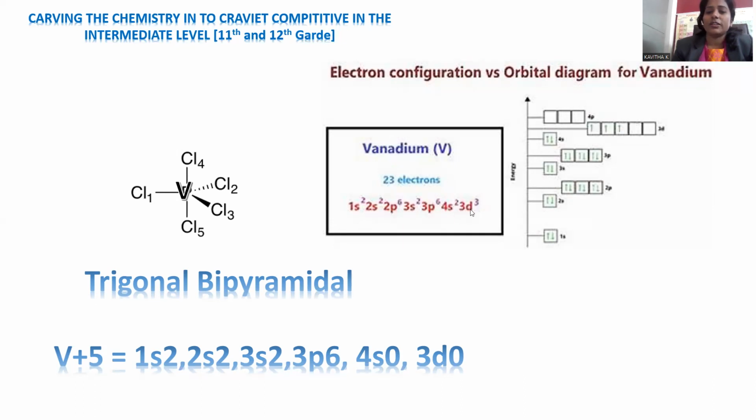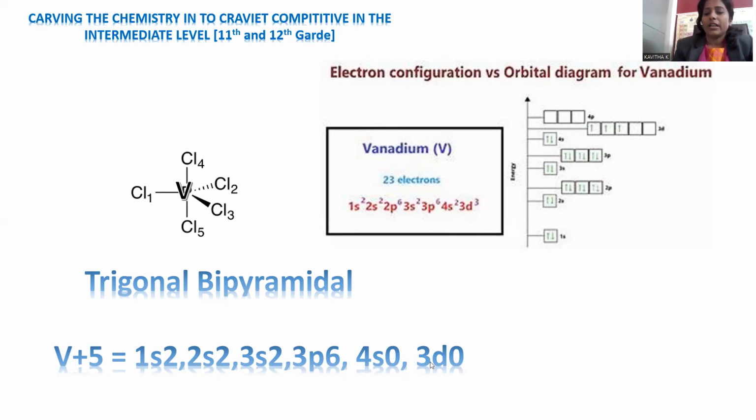These 5 electrons are lost during this vanadium pentachloride formation, because here vanadium is in the +5 oxidation state around the central metal. Vanadium +5 has the electronic configuration 1s2, 2s2, 2p6, 3s2, 3p6, 4s0, 3d0. That means the outer electrons, 4s2, 3d3, are totally lost.